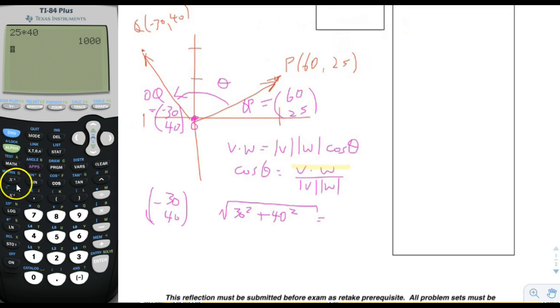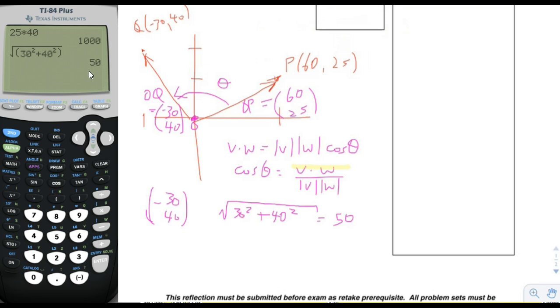So we'll take the square root of 30 squared plus 40 squared, and that is equal to 50. Makes sense, right? 3, 4, 5 triangle. Remember the 3, 4, 5 triangle? So the length of OQ is 50.